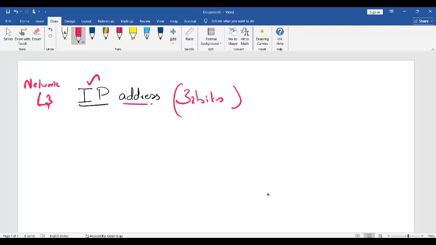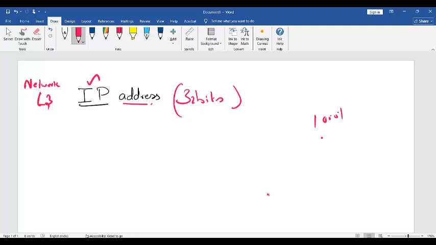When you are at home, your home access point, the wireless access point, which is enabled with a service called DHCP, will provide you an address. So your laptop, let's say, gets an address 10.0.0.1.